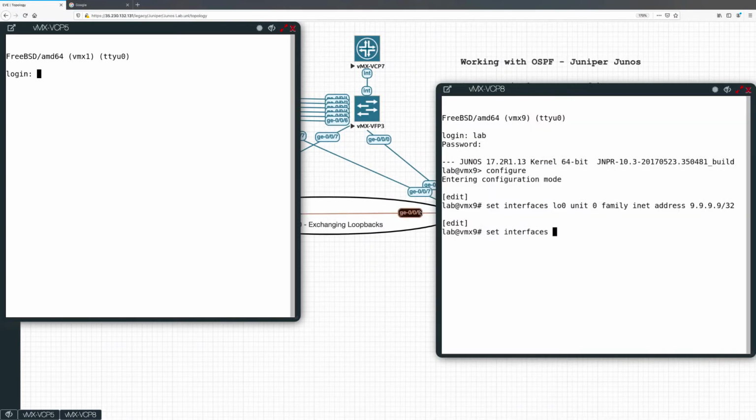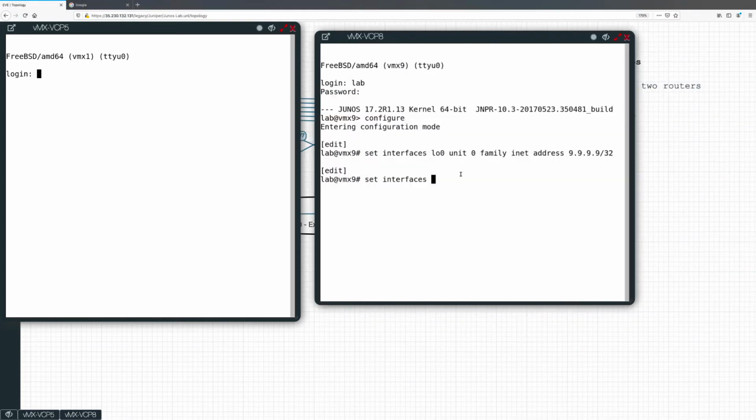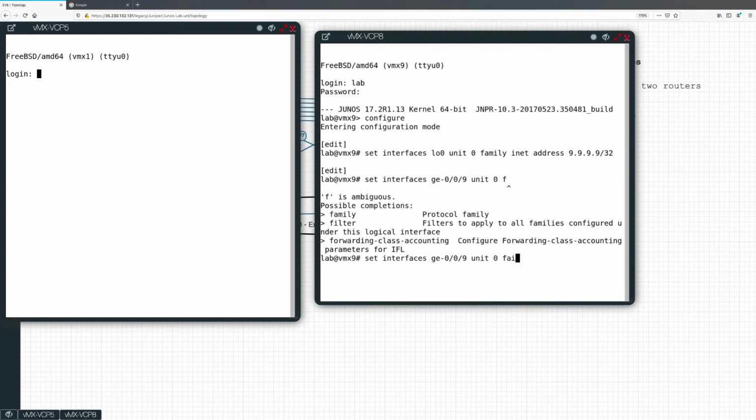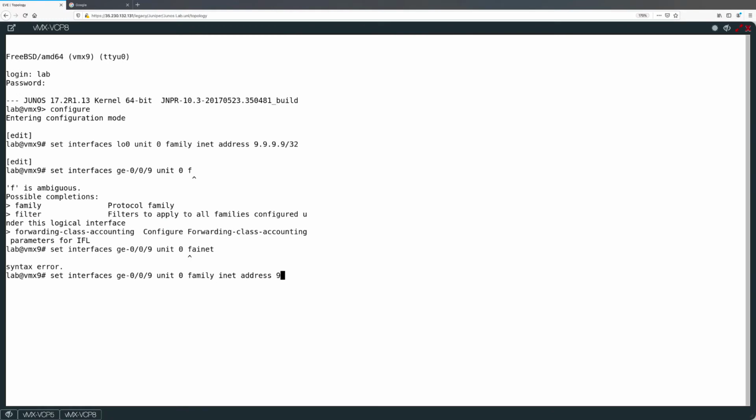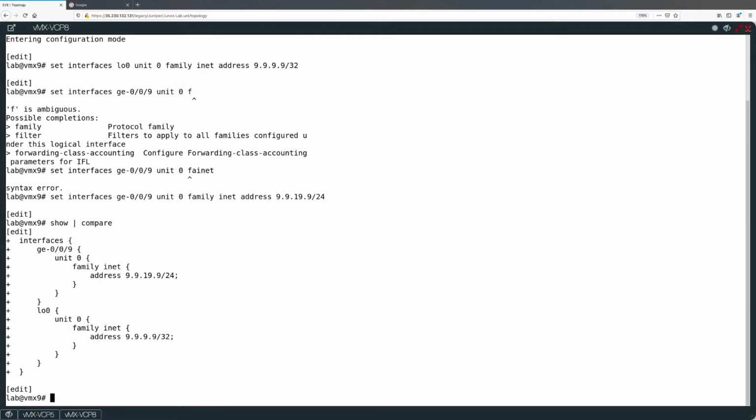So let me set up this ge-0/0/9 interface, unit 0, family inet, address. We'll use 99, router 1 and router 9 and the router number, so it is 99.1.9.9/24, right? And if I do a show compare, I see that I have just set up two interfaces.